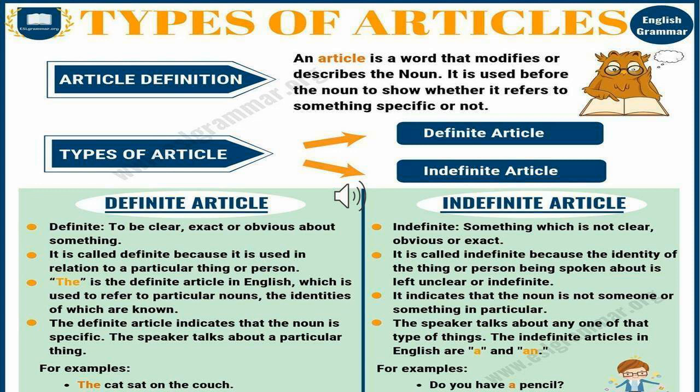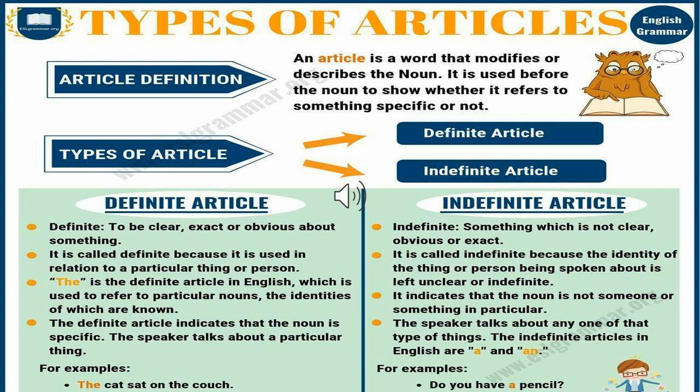It is used to refer to particular nouns and indicates the noun is specific. The speaker talks about a particular thing. For example, the cat sat on the couch. The dog attacked me and ran away. The particular cat, the particular dog.